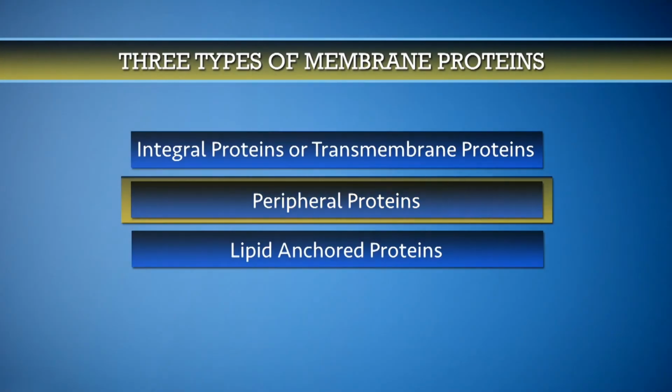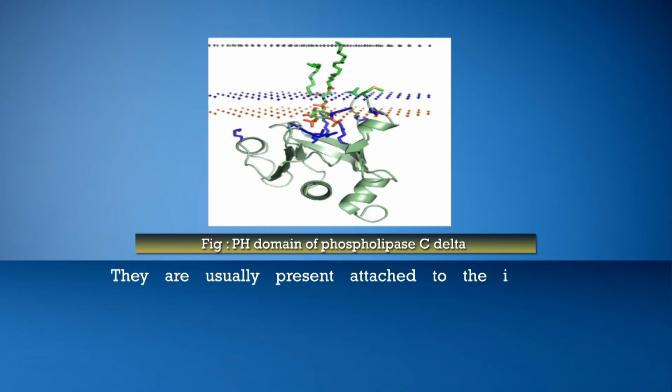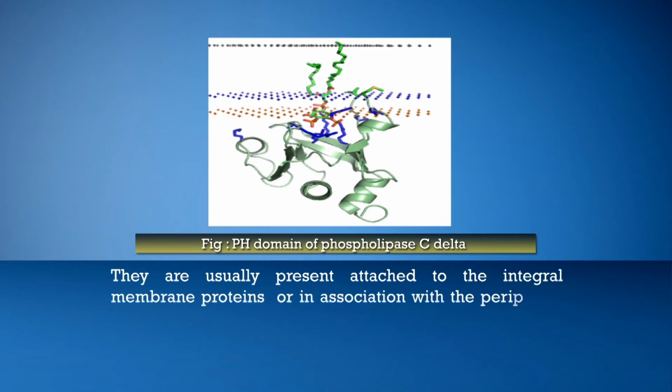Next, let us see the peripheral proteins. Other proteins that are present on the exoplasmic or cytosolic surface of the bilayer are called peripheral membrane proteins. They are usually attached to the integral membrane proteins or in association with the peripheral regions of the lipid bilayer.